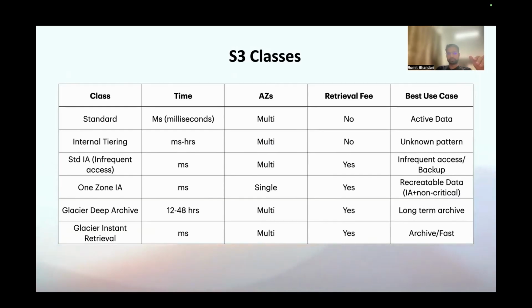Intelligent tiering is best used for unknown access patterns. The time could be milliseconds to hours, anywhere in between. Standard infrequent access is mostly for infrequently accessed data, like backups.